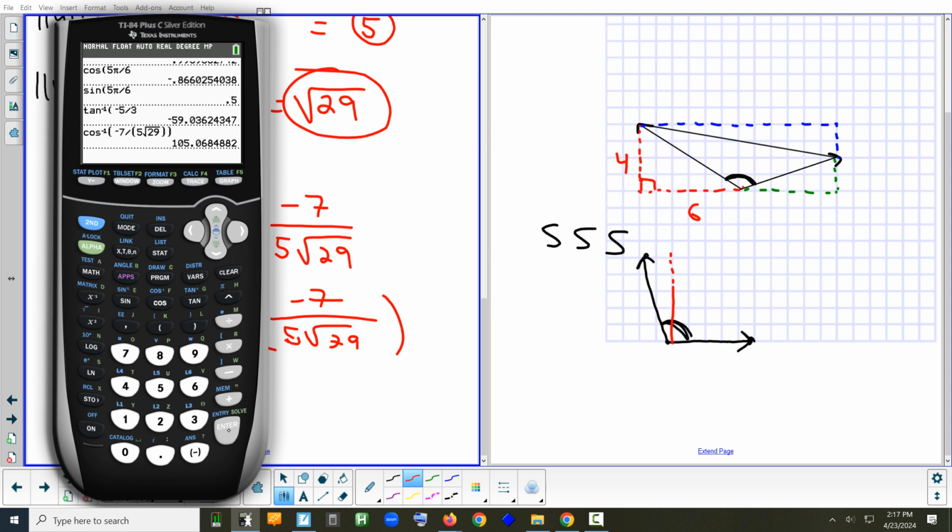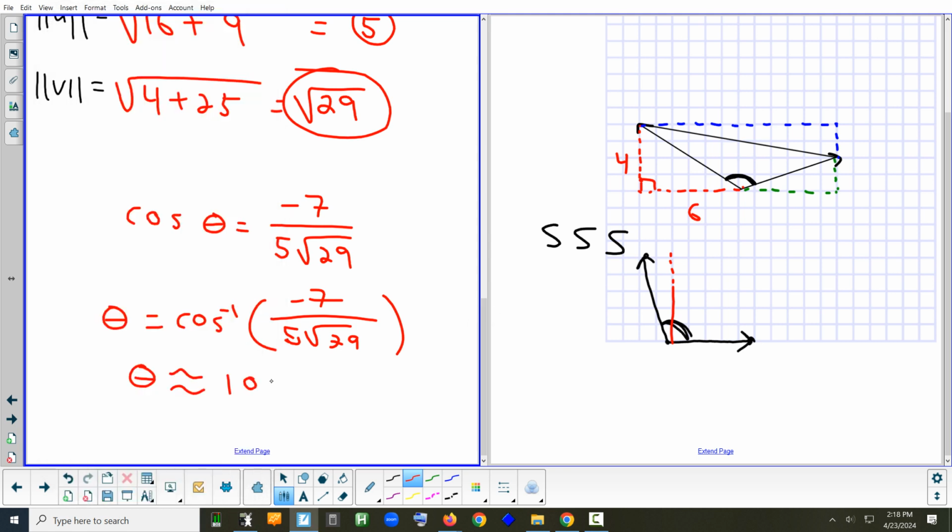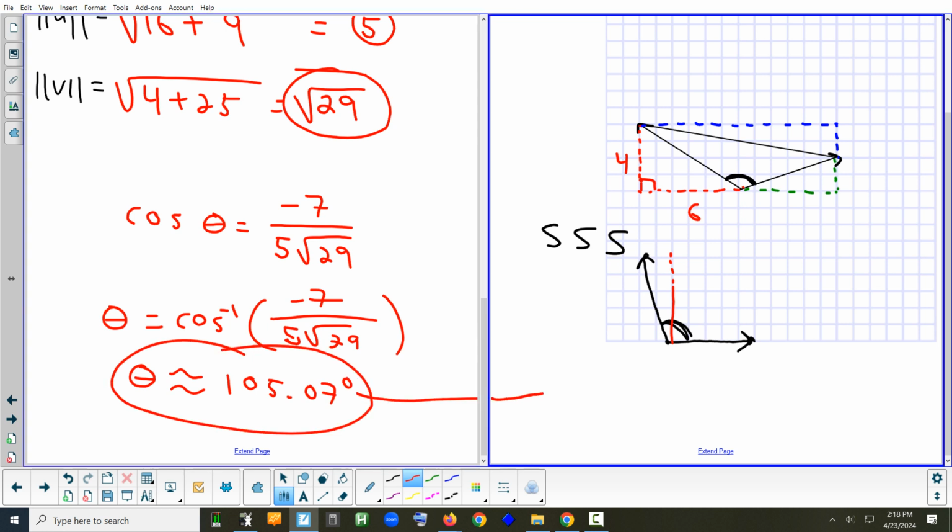Okay, and does that line up with what we thought? Yeah. We said it was bigger, around 100 or something. How many decimal places do you want us to round to? We'll go 2. Okay. So it's 105.07 degrees. That's this angle right there.